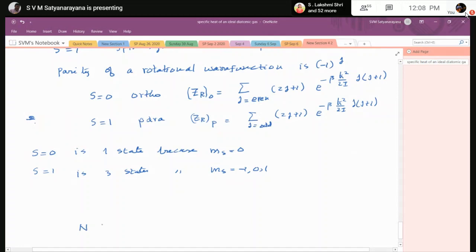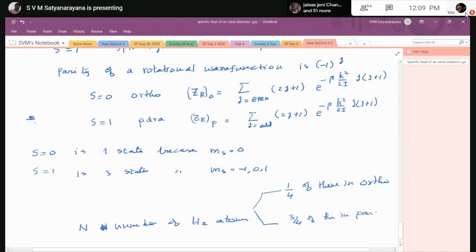Then at any temperature there will be 1/4 of them in the ortho state, and 3/4 of them in the para state, because there are more states for S is equal to 1.